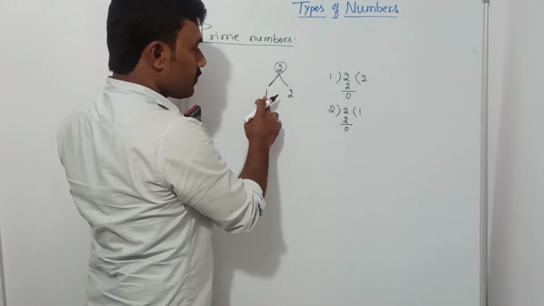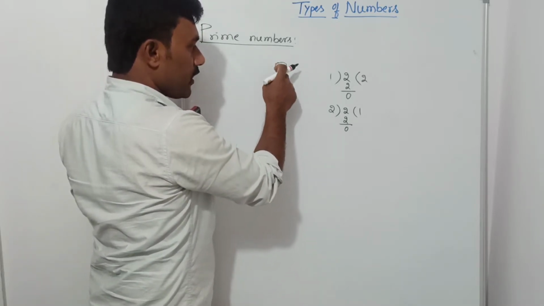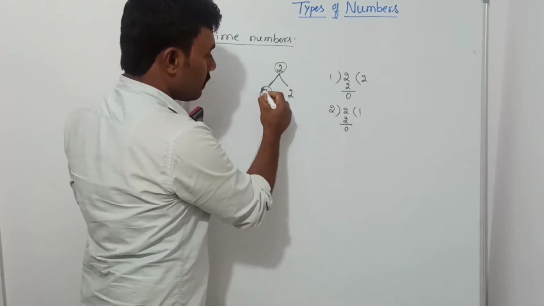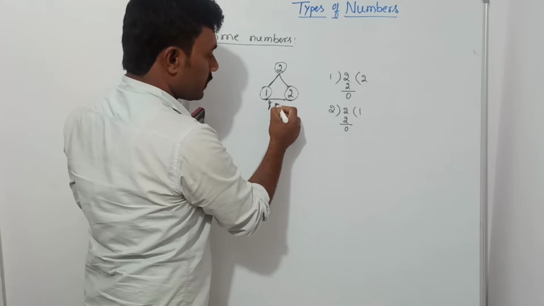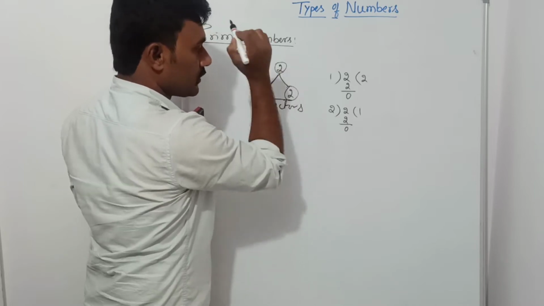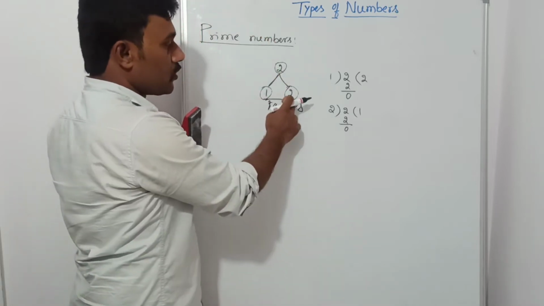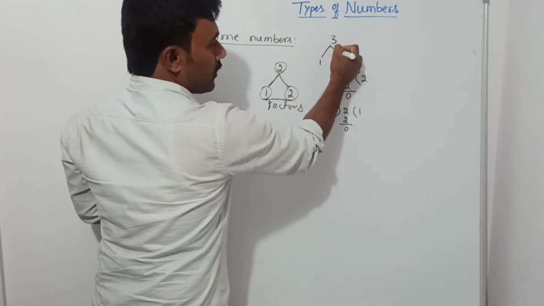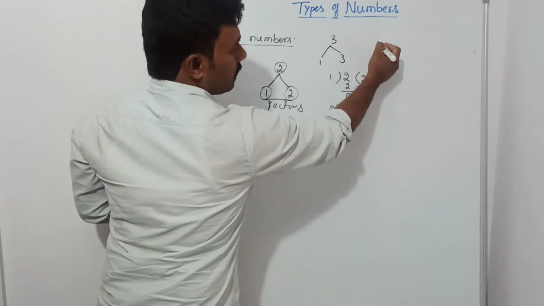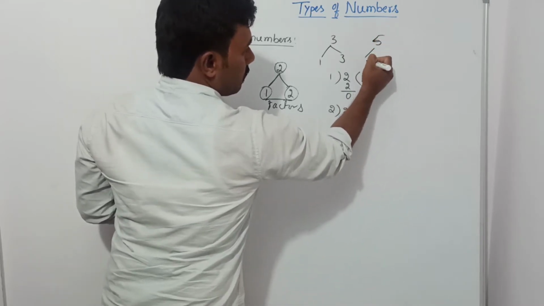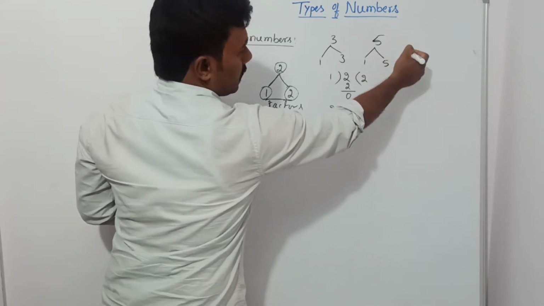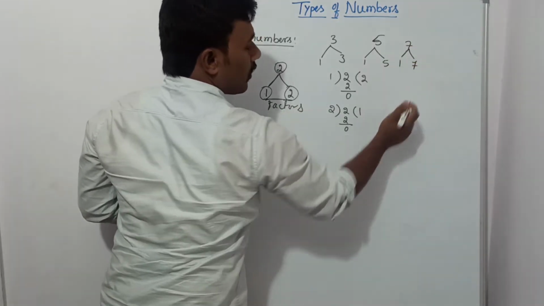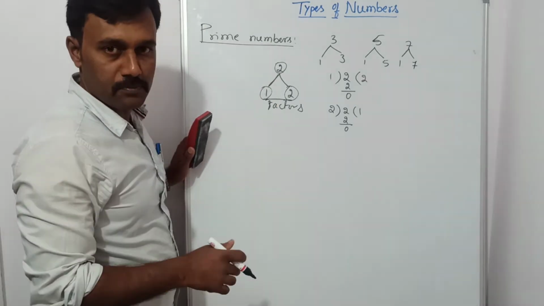If the numbers divide the number giving remainder 0, then they are factors of this number. 1 and 2 are the factors of 2. In the same way, 1 and 3 are the factors of 3, and 1 and 5 are the factors of 5. For all prime numbers, 1 and itself are the factors.